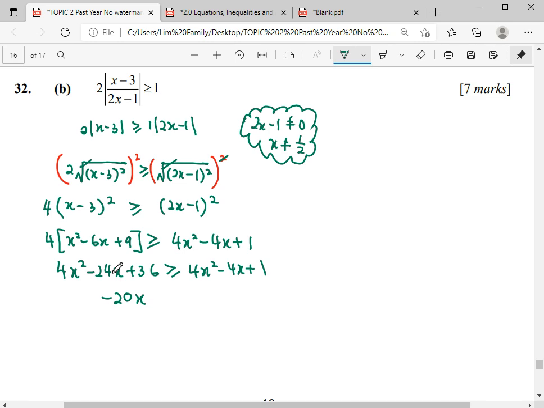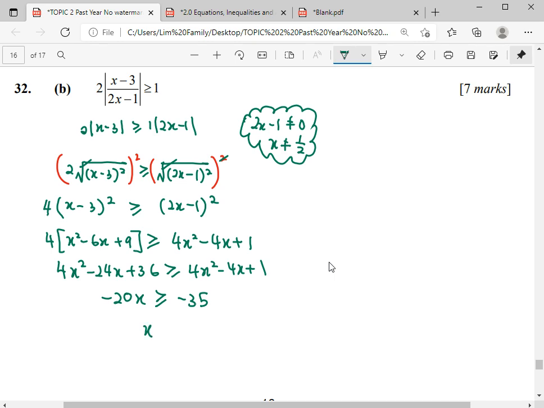To solve our linear inequality, we move the x to the left hand side. So this one plus 4, negative 20x, is greater than or equal to the value I move to the right hand side, minus 36, which becomes negative 35. We just simplify it as a linear equation and solve to find x.